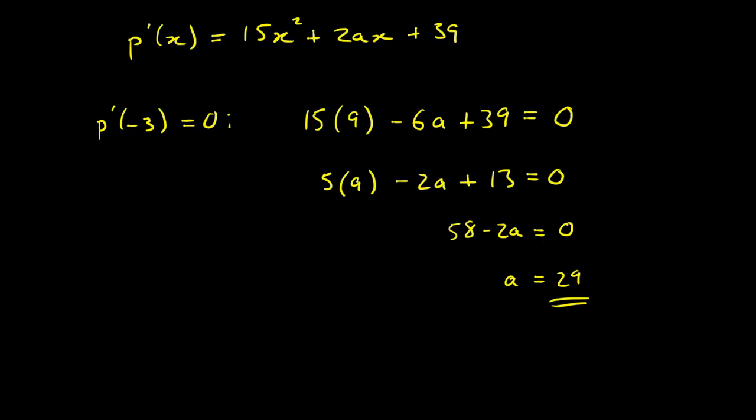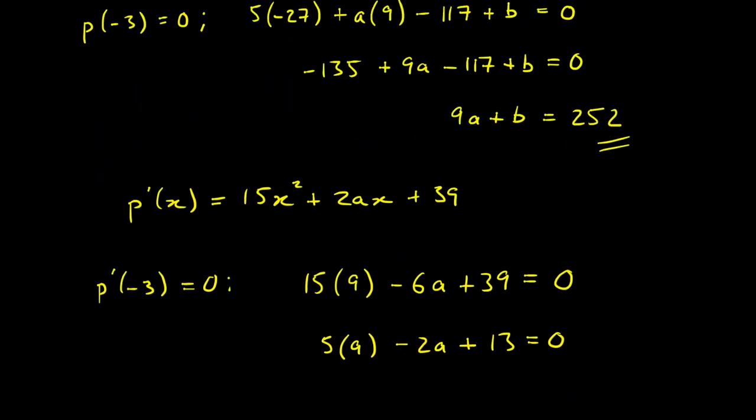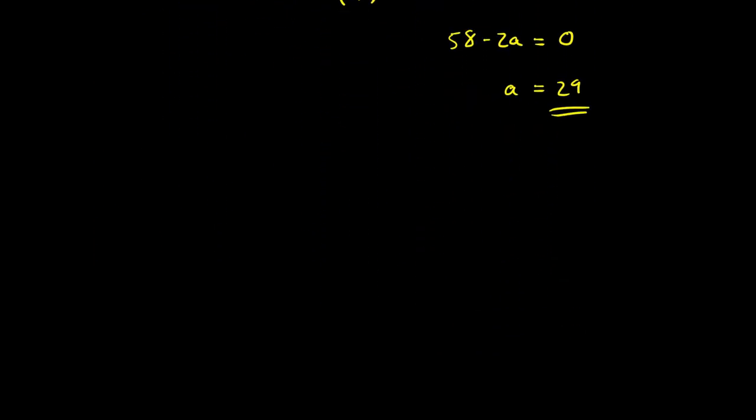Okay, and if a is equal to 29, we can substitute that into here. So we've got 9 times 29 plus b is equal to 252. Is that right?